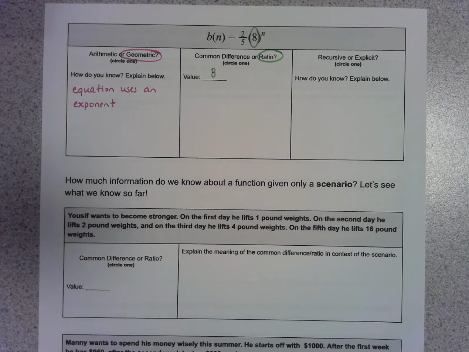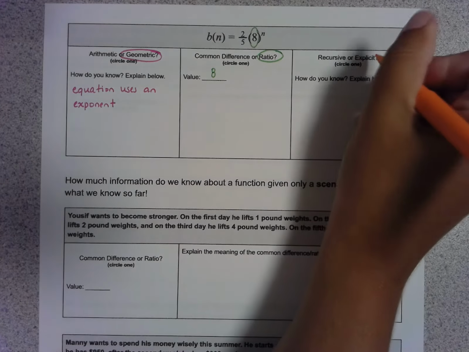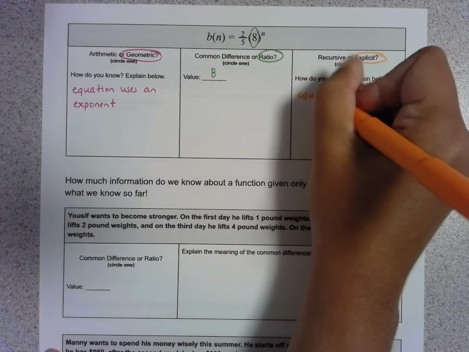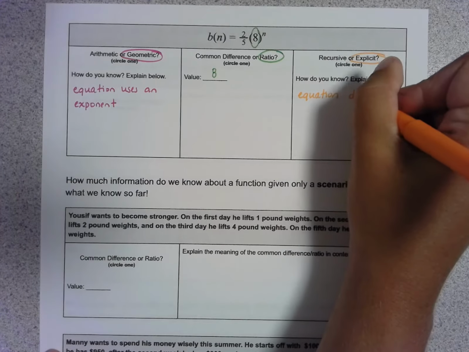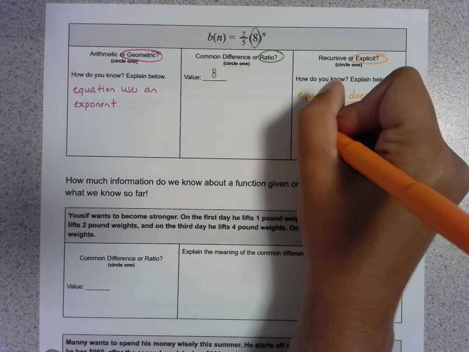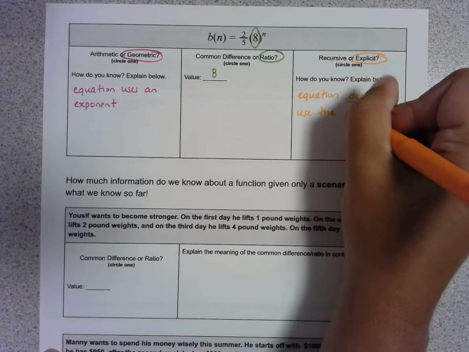Since this equation does not say b of n is equal to b of n minus 1, so it doesn't use the previous term, I'm going to say that this is an explicit equation because the equation does not use the previous term.